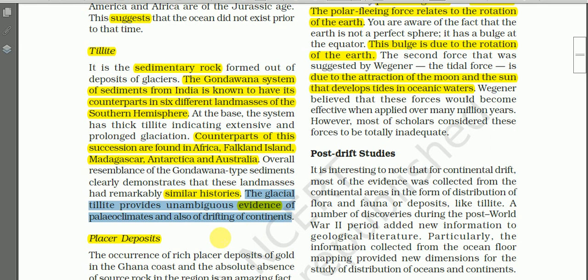So it proves the continents were moving. Paleoclimate means ancient climate, meaning the climates of Africa, Falkland Island, Madagascar, Antarctica, Australia, and India were the same. So the continents were once together, and in due course of time moved away.